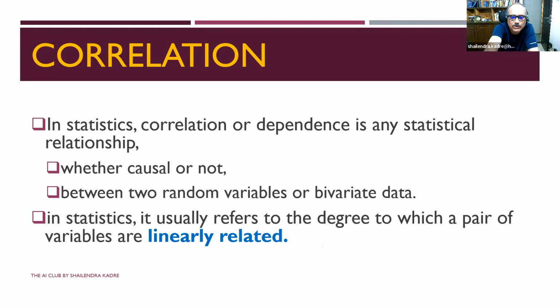Causal means an increase in X may cause an increase in Y, or it may not. So your variables X and Y should be random, and the relationship between X and Y can be causal or may not be causal. X may cause an increase in Y, or X may not cause an increase in Y.